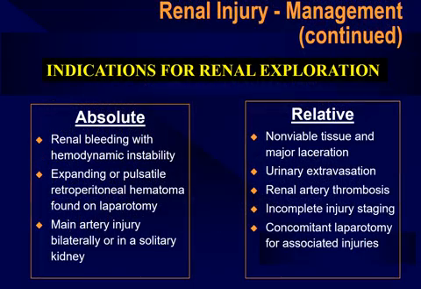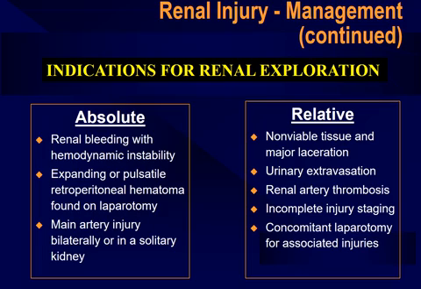In this slide, we will count some of the absolute indications for surgical intervention and other relative indications. The absolute indications include renal bleeding with hemodynamic instability, expanding or pulsatile retroperitoneal hematoma during laparotomy for any other reason, or proven main artery injury, especially if it's bilateral or in a solitary kidney.